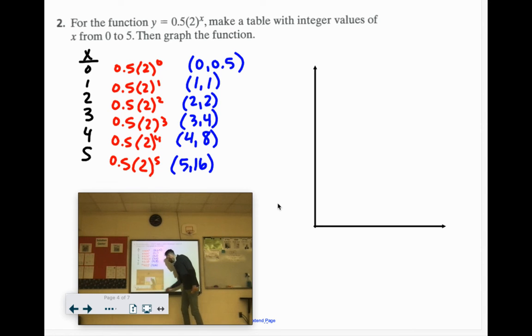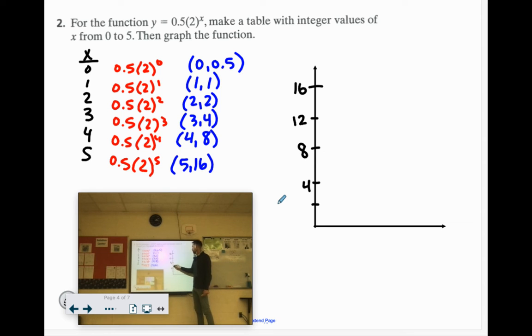Make sure to include at least 16. Half of 16 is 8. Let's split that by 4s. 2, 4, 6, 8, 10, 12, 14, 16. 1, 2, 3, 4, 5.